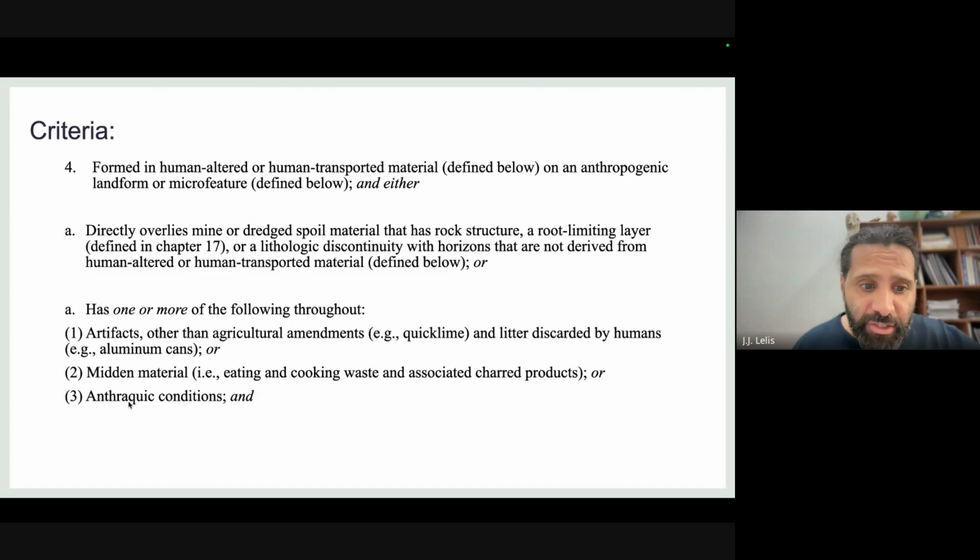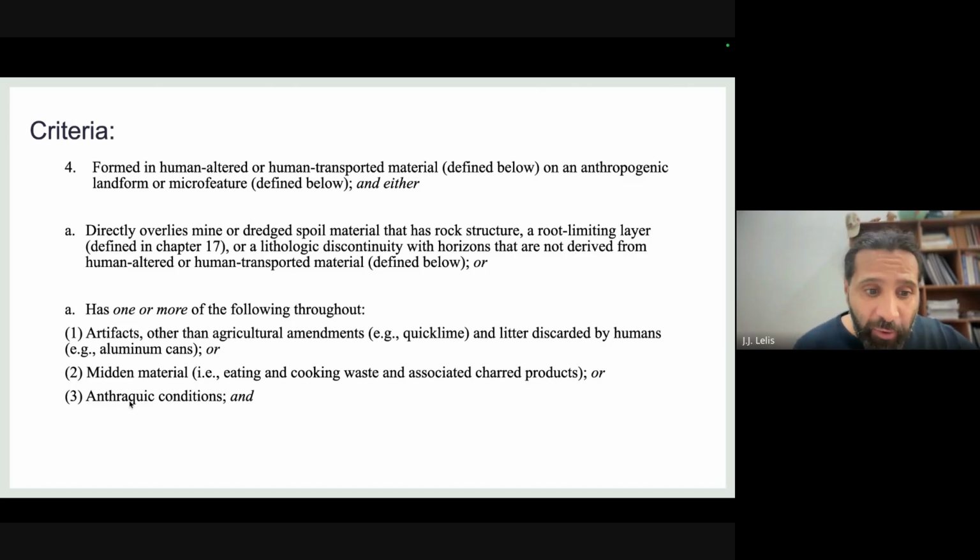The aquic conditions are found in soils that were flooded by humans. For example, rice fields. It's quite common in rice fields that humans flood that area, they induce the flooding. And that flooding is called anthraquic conditions.